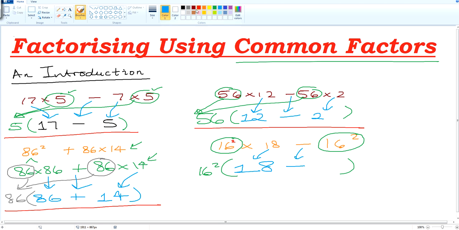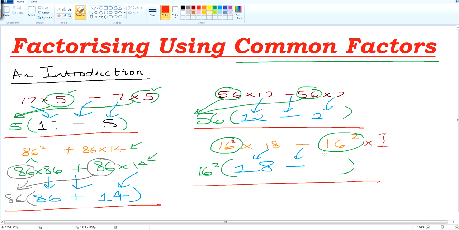So the question I want to ask the student: is that our final answer? Look at the answer. What's strange about it? We've got an answer with a gap. There's no number there. Actually, what is really hidden there is an invisible times by 1, because 16 squared is 16 squared times by 1.